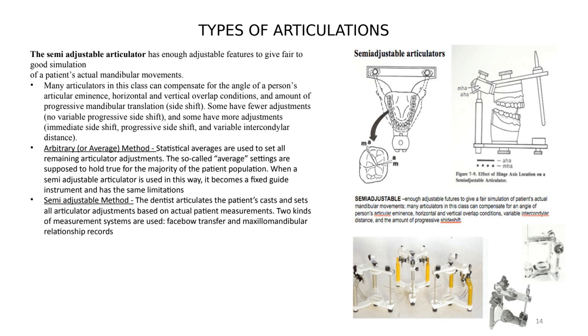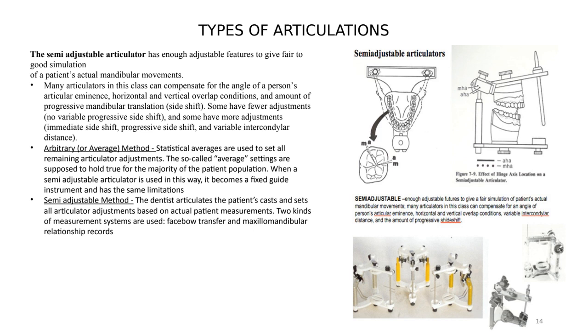But if the patient requires a high degree of accuracy in the movement of the jaw, then we want to make sure that we don't use the average method, and we ask the dentist to take a facebow, which is the most accurate device to record and register a patient's measurements.